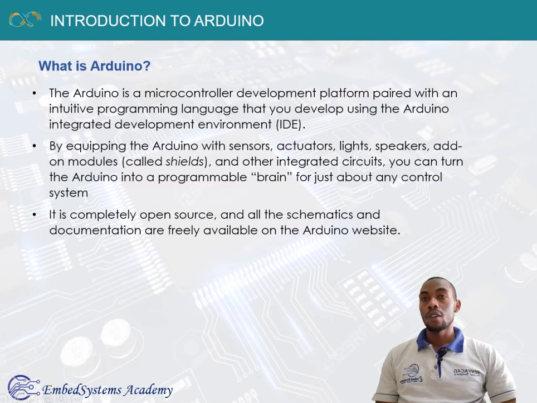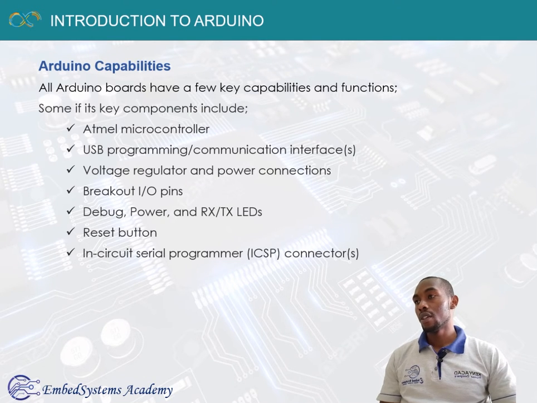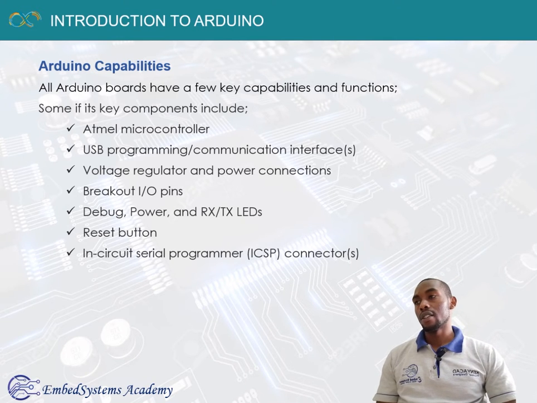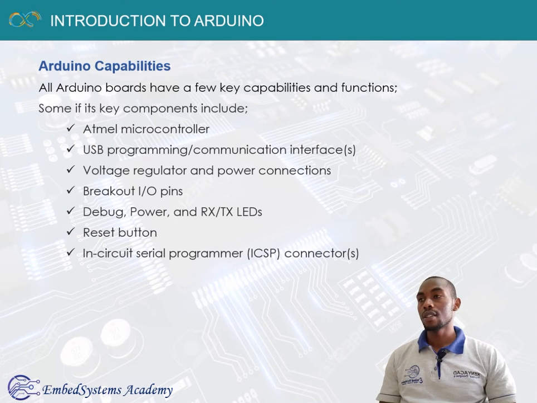So what are the capabilities of Arduino? Arduino has so many features and functions. It is composed of an Atmel microcontroller. It has a USB programming interface. It has voltage regulators and power connectors.